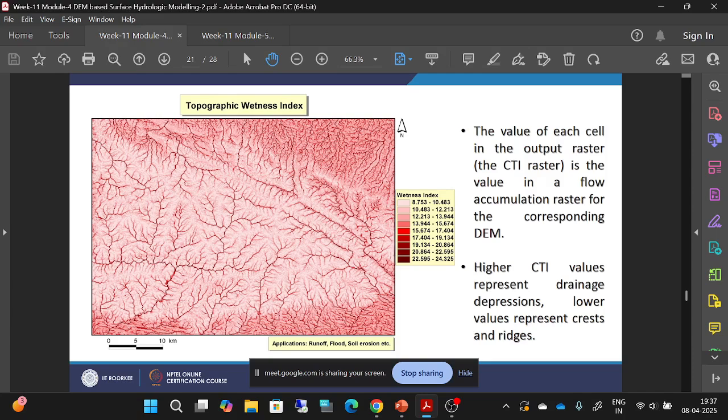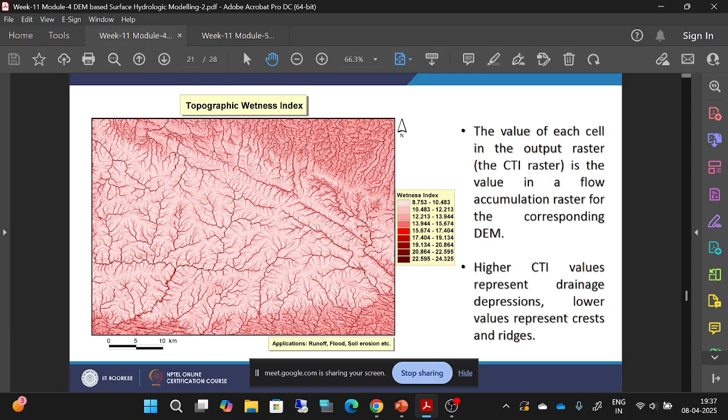So as you can see, the darker areas are the main higher order stream where you get all the water, and you're having this wetness quite high in these locations. And there are areas where that value is less, where you have light pink color. So that is telling you that the wetness index is less in that area.